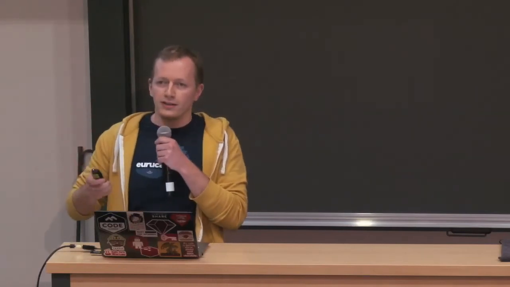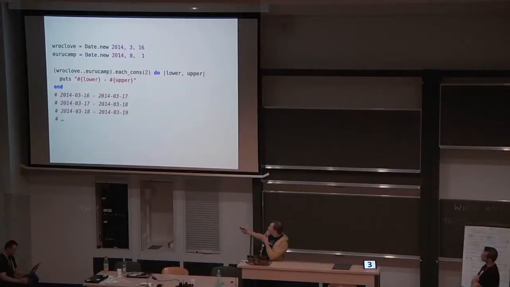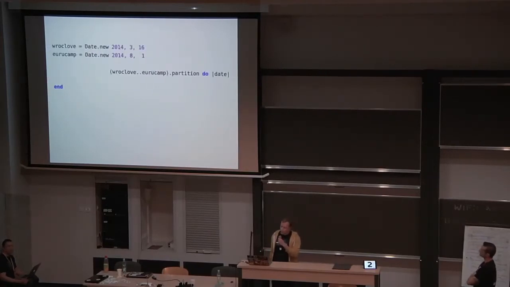So if you ever had a situation where you had a collection and you wanted to have element after element in pairs, with every element being the first element of a pair, you can have the midnight of one day until the midnight of the next day, and then again the midnight of the next day to the midnight of the next again. So that's another fancy method, each_cons, that you might want to use.